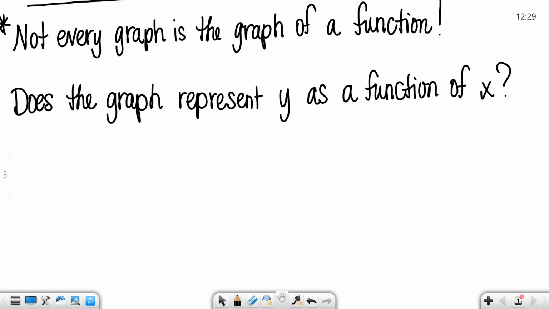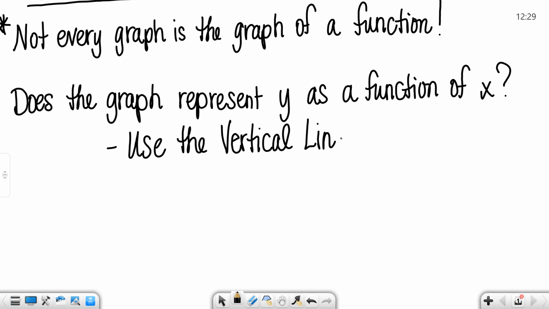In order to answer that, before I put graphs up there for us to look at, we are going to use the vertical line test. The vertical line test helps us decide if a graph is a function. That's its sole purpose. So here's what the vertical line test says.